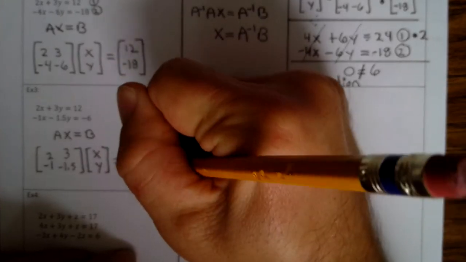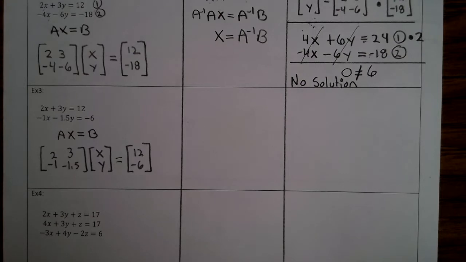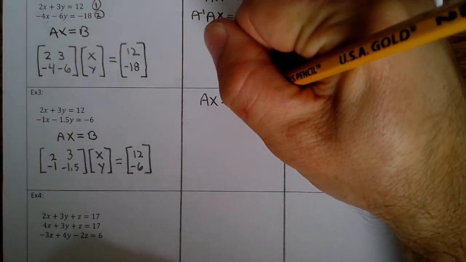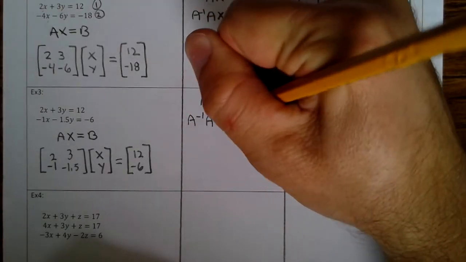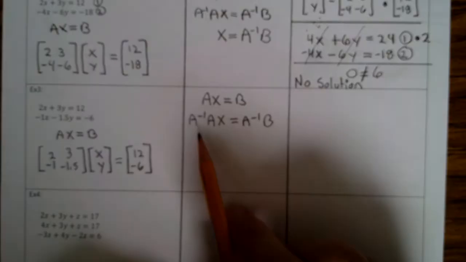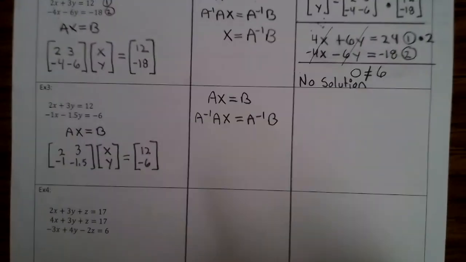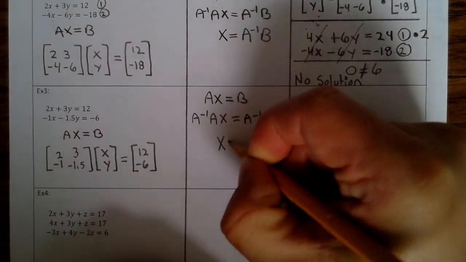All right, so now we know, again, we have AX equals B, and we need to multiply both sides by A inverse. So A inverse AX equals A inverse B. This, in essence, becomes 1, so you're left with X equals A inverse B. So then we now set up our matrix.